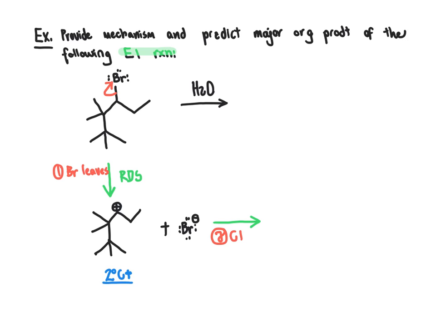So in this second step, on the lookout for carbocation rearrangements, we take a look at our secondary carbocation carbon right here. And indeed, we have a couple of methyl groups next door at what we would refer to as the number 2 position.